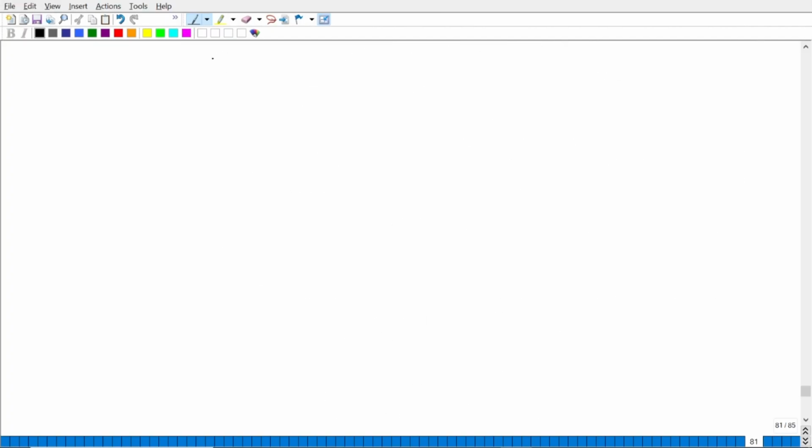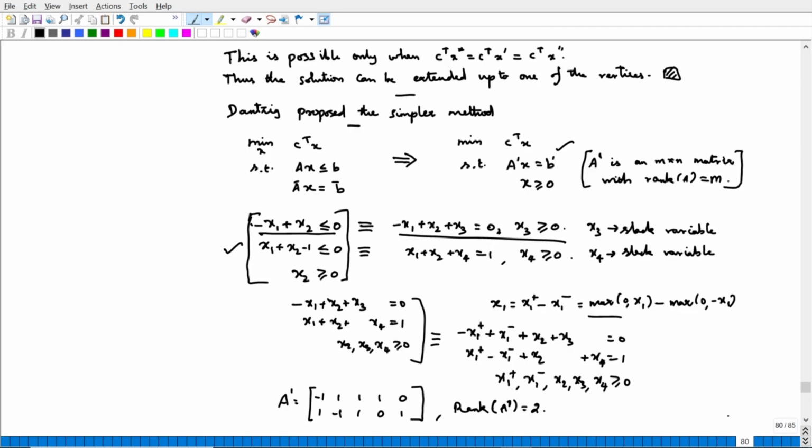The first step: steps to convert an LP into a standard form. This form, whatever we have here, is actually called the standard form.